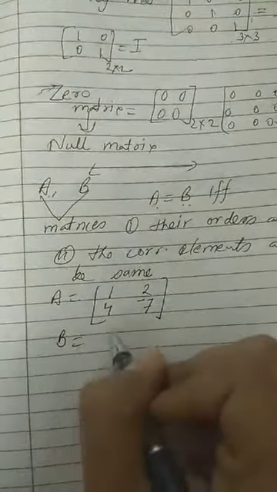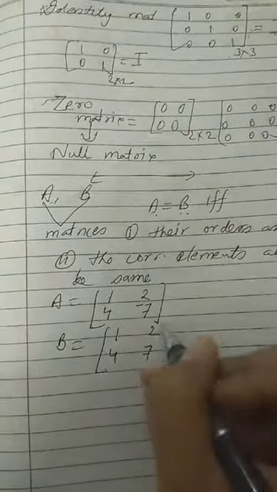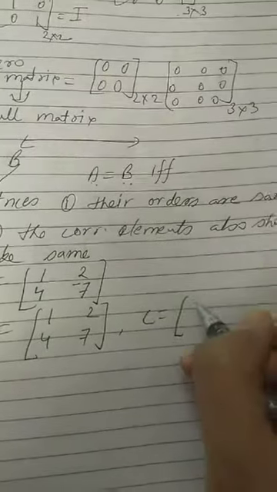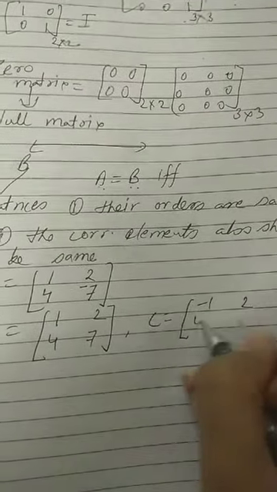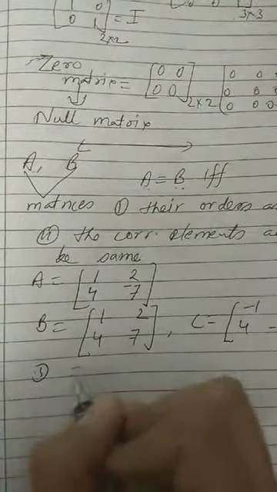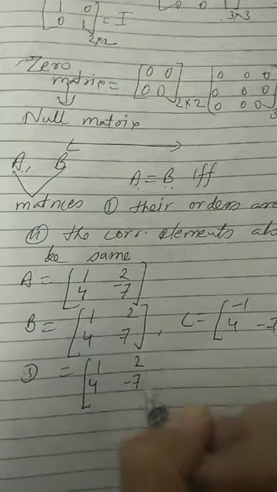B is a matrix 1 2 4 7. We have C, another matrix, minus 1, 2, 4, minus 7. And we have one more matrix D. It is 1, 2, 4, minus 7.